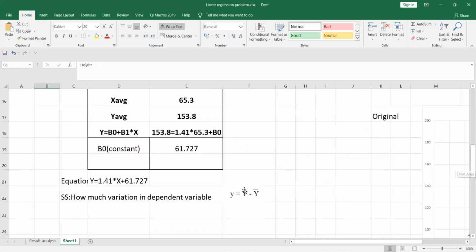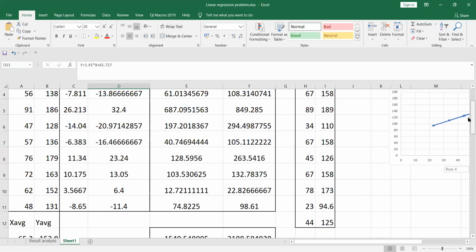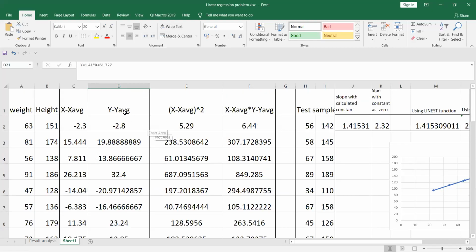So this is the equation y equal to mx plus c, where we have calculated the slope using this formula: the product of x minus x average and y minus y average, divided by the square of x minus x average.